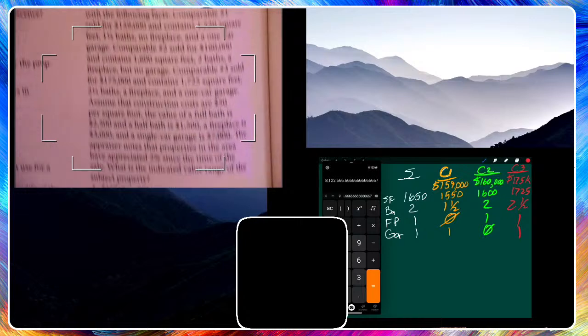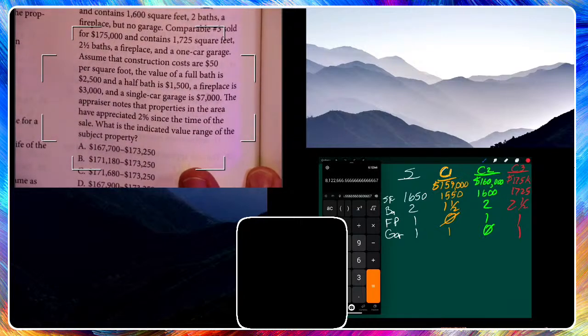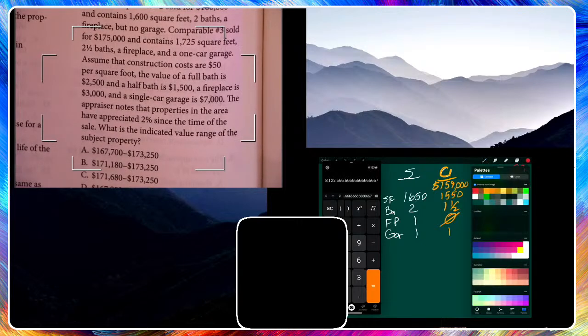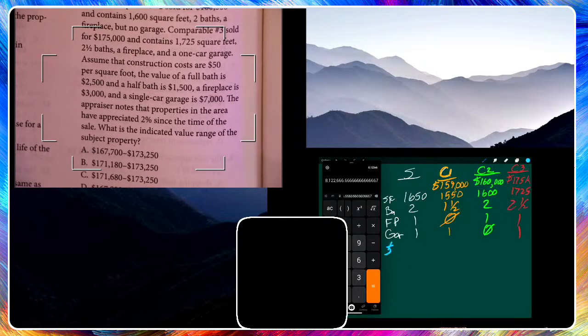What else did they tell us here? Assume that construction costs are $50 a square foot. Also, value of a full bath is $2,500.